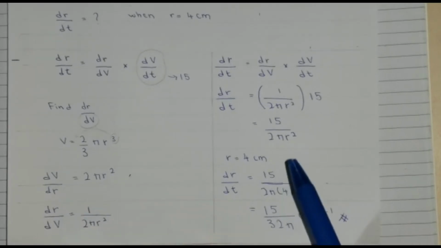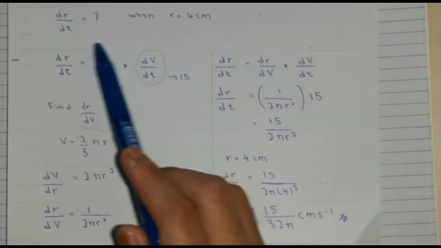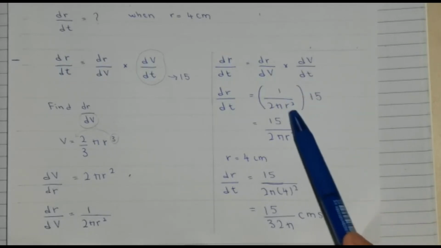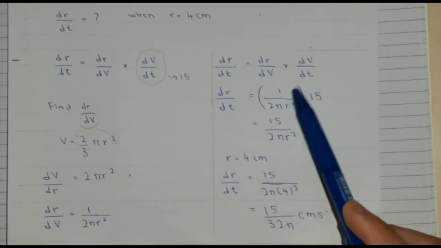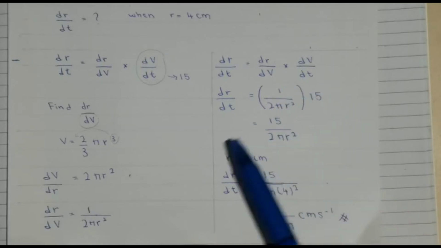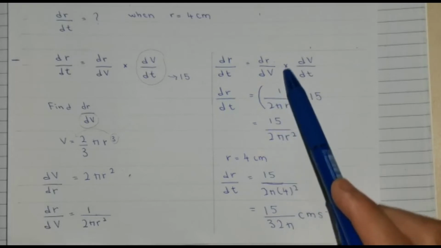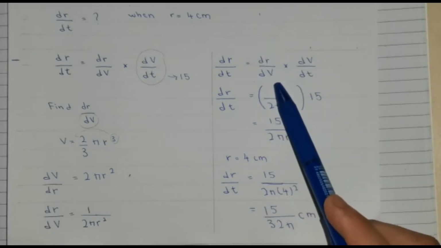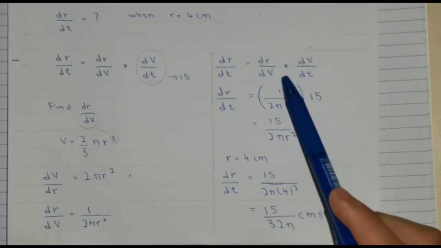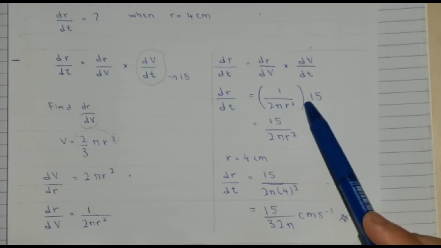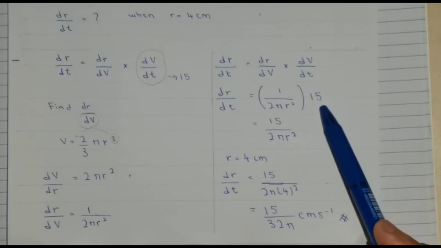The next step is we write again the equation and insert the values that we already have. dr over dt is equal to dr over dv, which is 1 over 2 pi r square, multiplied by dv over dt, which is 15.